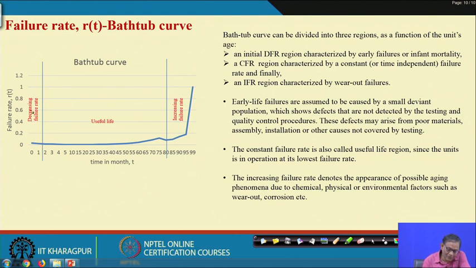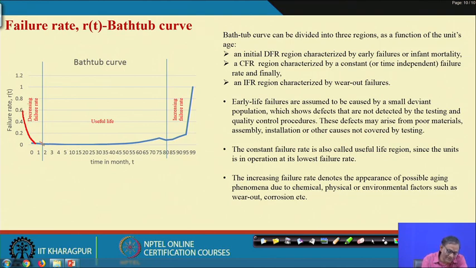Traditionally, when you talk about the life cycle of the SIS unit, usually it will be like this. But from our data we got this blue colored curve. But if we consider the life cycle of the unit, then you will find the hazard rate will be like this. If hazard rate is like this, then there are 3 regions.